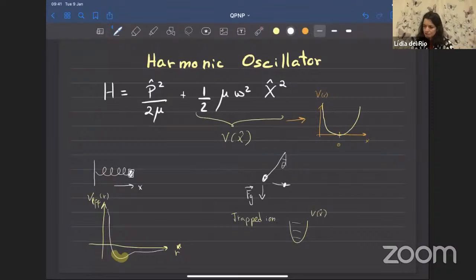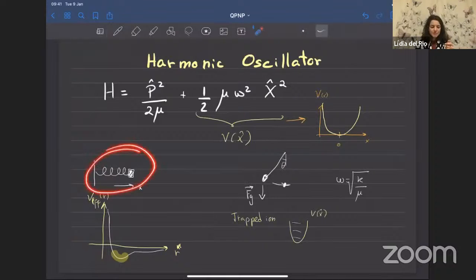So what should I tell you more? Maybe before we get started, I can tell you what this constant W is. So K is the elastic constant, which depends on the setting. So for example, in the spring, it can depend on the material the spring is made of, or here it will depend on length and masses and so on.